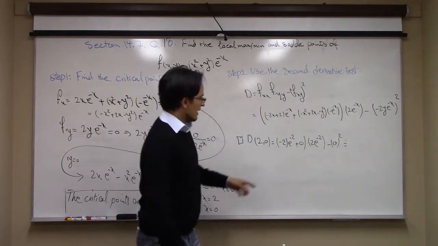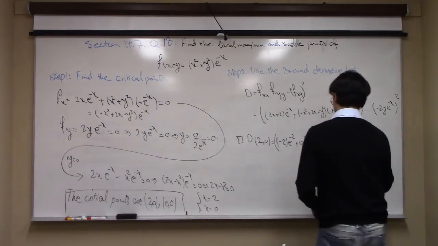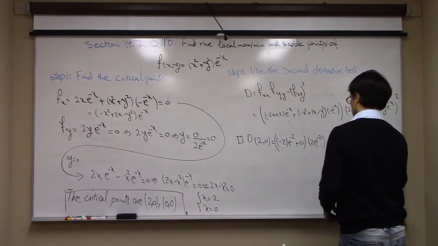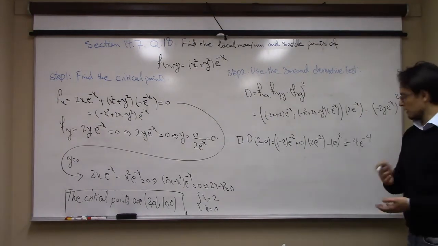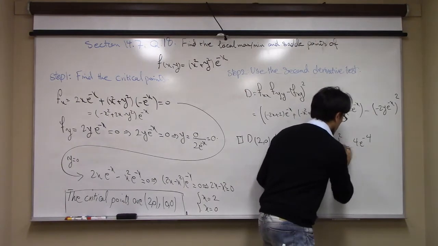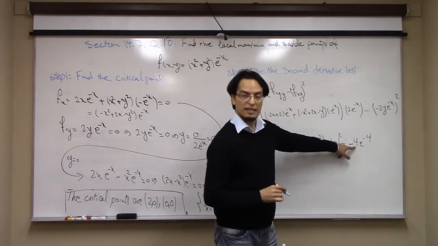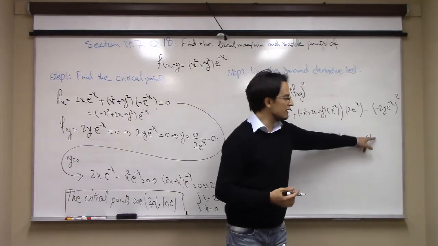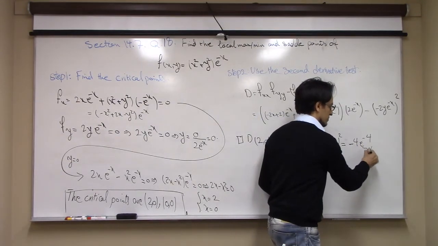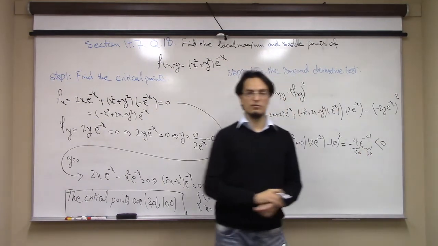So the value I have is negative 4 e to the power negative 4 minus 0. 4 is positive, so negative 4 is a negative number, and e to the power negative 4 is positive. So this part is positive, this part is negative, so the whole thing is negative.